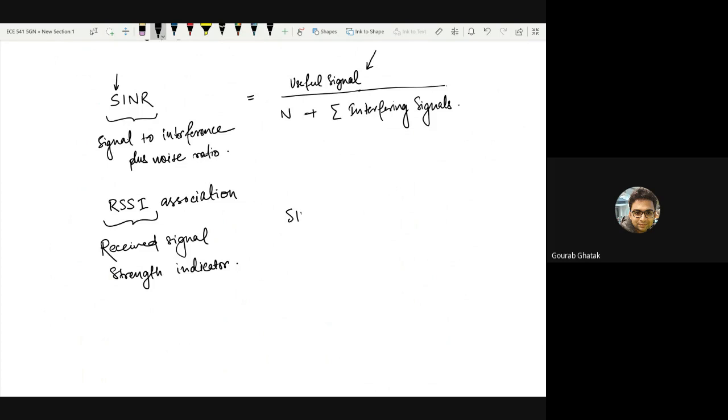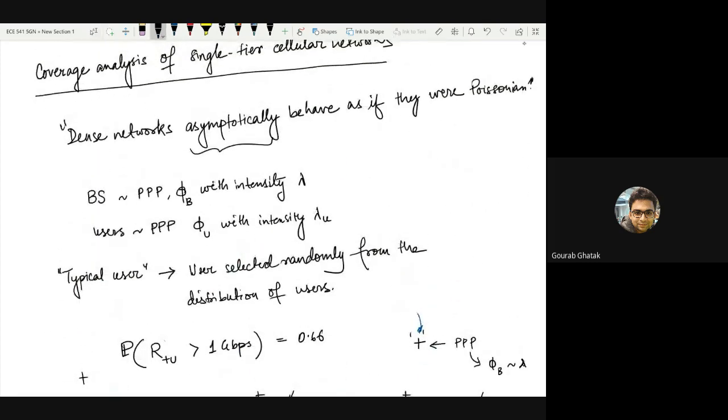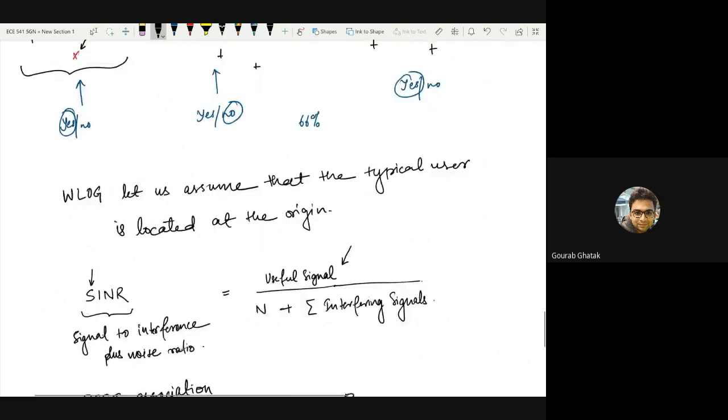or if I try to write this SINR, we would be having the transmit power. Okay, this is another assumption: the transmit power of all base stations is equal to P. The path loss exponent, let's call it alpha. And there is Rayleigh fading, which we will come to a bit later.